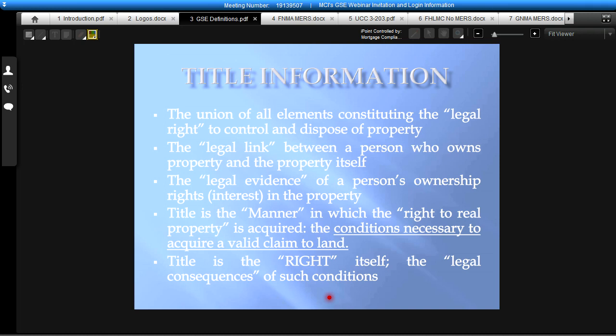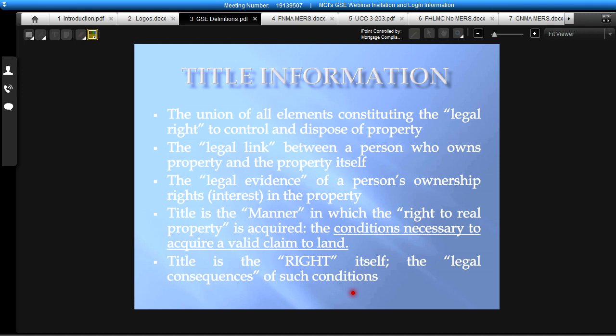Title is the manner in which the right to real property is acquired, the conditions necessary to acquire a valid claim to land. Title is the right itself, the legal consequences of such conditions. Again, it's all about rights.